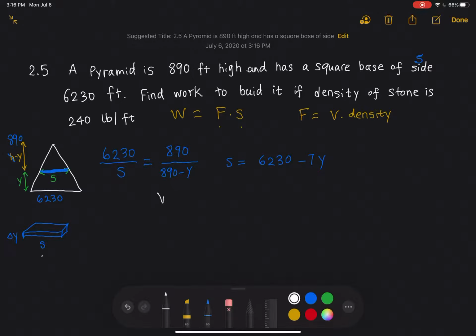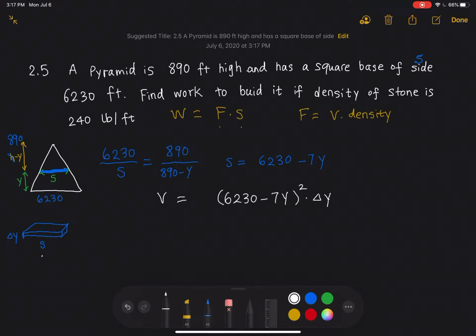So the volume is this side of the square, squared to get the area of the square, times the change in Y to give us a volume.